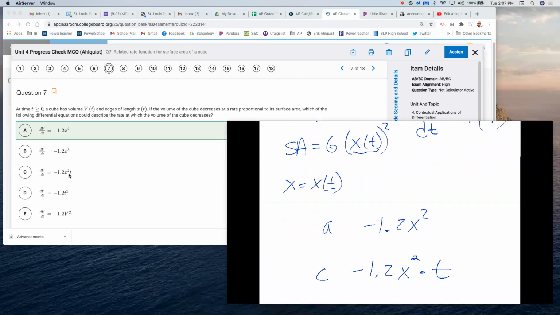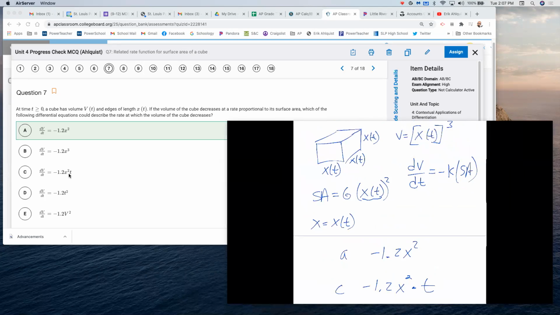That t is not a part of it anymore. I don't get to distribute this squared through to here and here, because that x of t is just a function. Does that make sense? Okay.